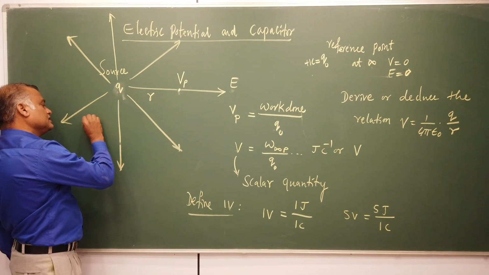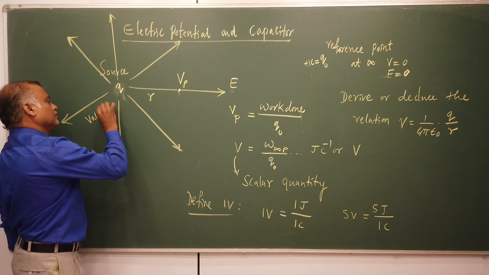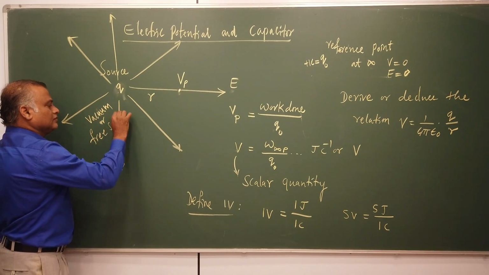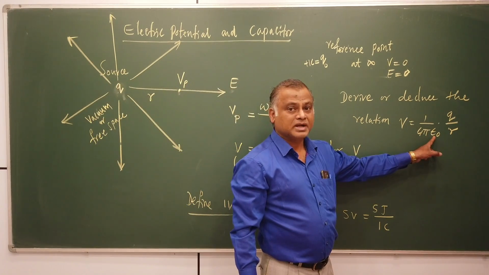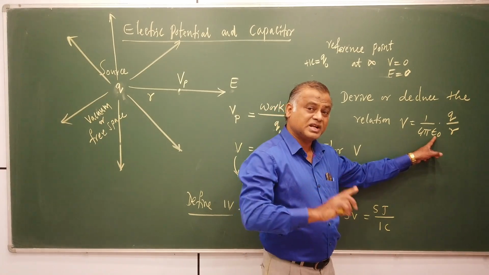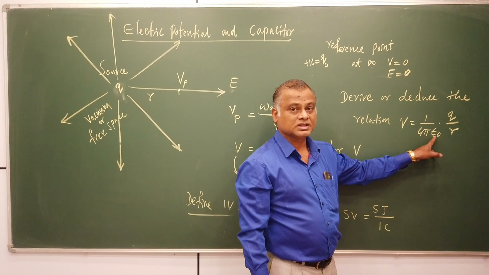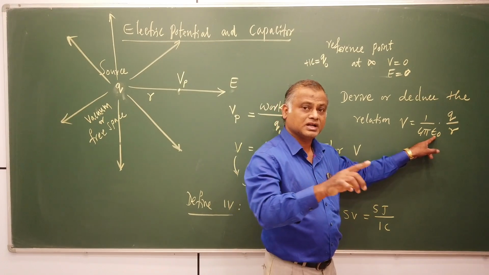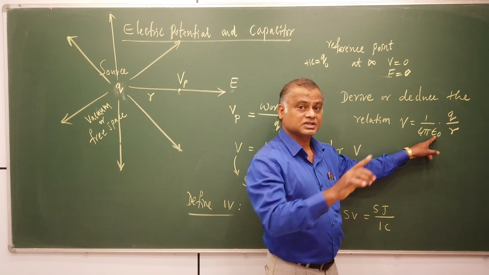Where it is kept, they may give in vacuum, or they may say free space. As you know, epsilon naught is the permittivity of free space or permittivity of air or vacuum. Its value is 8.854 × 10^-12 coulomb square per newton per meter square.